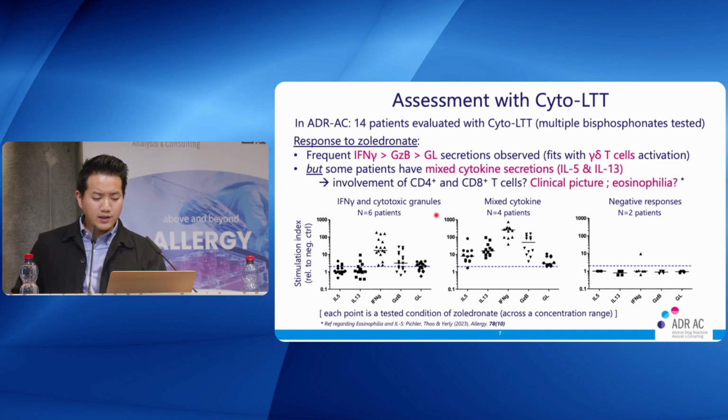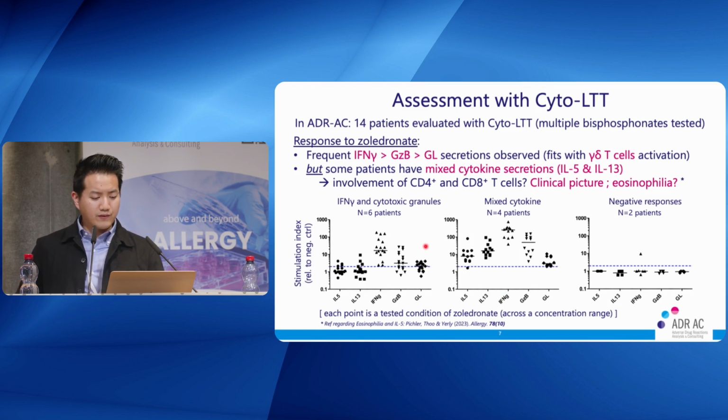But focusing a bit here now, this IL-5, IL-13 response may show that there's involvement of other CD4, CD8 T cells. And importantly, we need to reflect back onto the clinical picture. And we heard today about eosinophilia and how there's a change in the IL-5 signalosome. So maybe that could be something to explain why we see this here: hypersensitivity induced by other T cells.